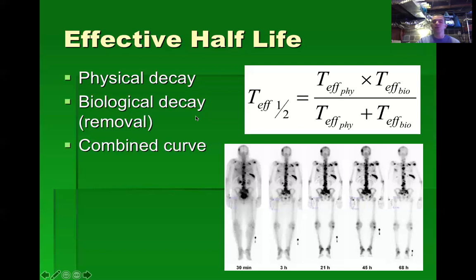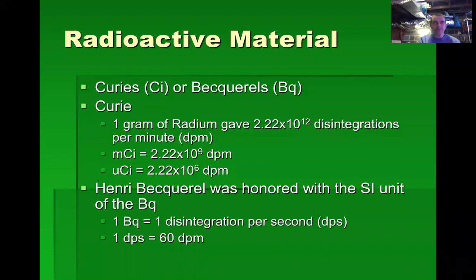The biological removal has some variations to it. Often you'll come up with what's known as a bi-exponential curve, which has essentially two curves that combine. So you have that very sharp drop off, and then what sticks tends to level out and decay more closely to the physical half-life. So when we talk about activity, remember we're not talking about the physical material present.